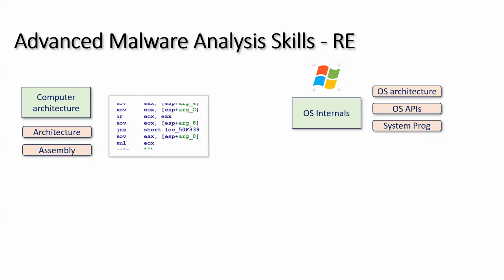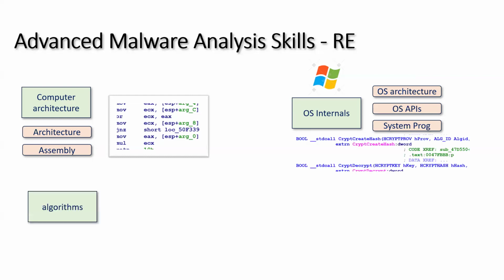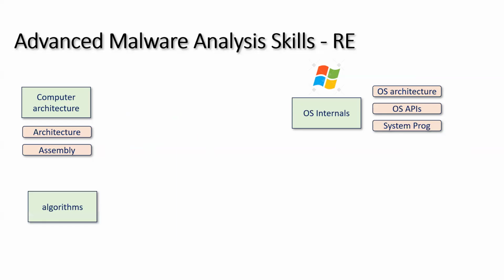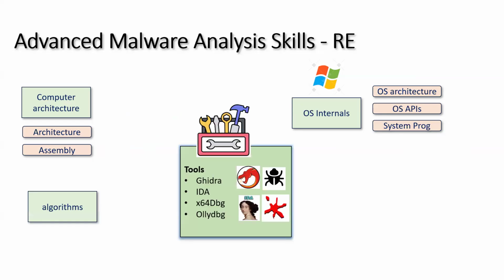They should have some basic knowledge about system programming. They should have knowledge of some of the algorithms which are most frequently used by malwares. Like for an example, the encryption algorithms like RC4 used by malwares, and the tools which are required for the advanced malware analysis, which is reverse engineering, is Ghidra, IDA Pro, x64 debugger, OllyDbg.